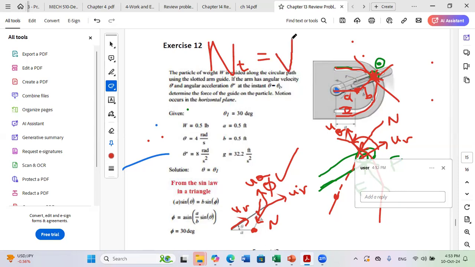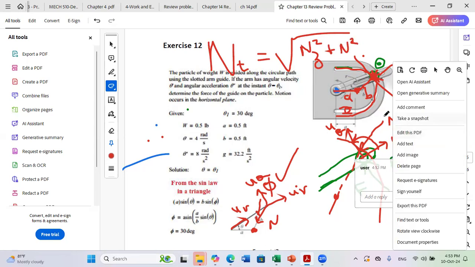So you can compute its magnitude as the square root of N_z squared plus N squared.